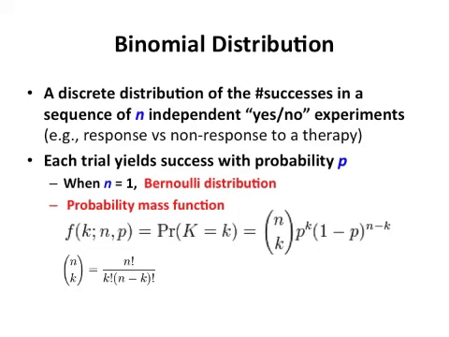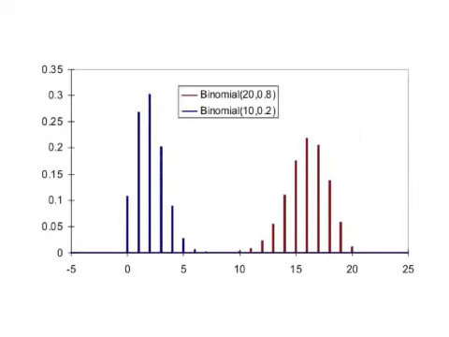And the probability mass function tells us the probability of seeing k, small k, successes out of n trials and can be formulated this way. You don't need to remember the formula, just know its nature, okay, the definition.